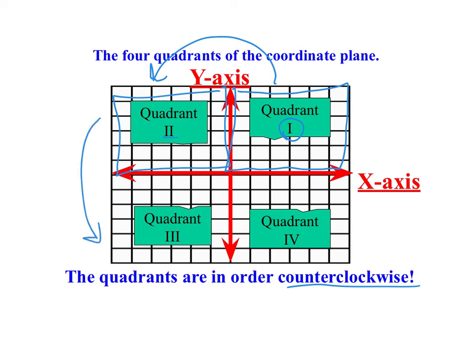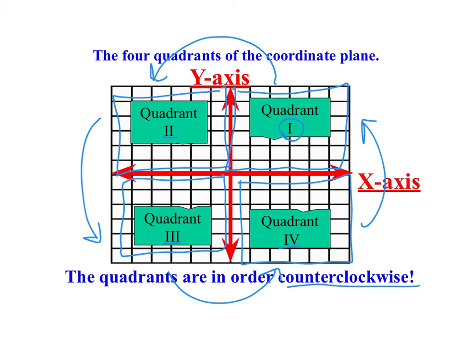Continue going counterclockwise, we get to quadrant number 3. Anything plotted in that area would fall into quadrant 3, again shown with Roman numeral III. And then continuing counterclockwise, anything plotted in this area would be quadrant 4 with the IV for our Roman numeral. And then if we keep going, we are back to quadrant 1.